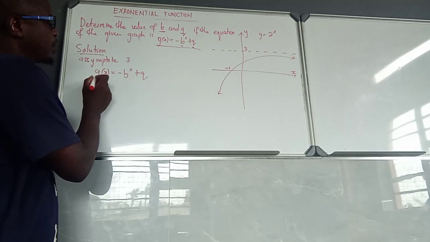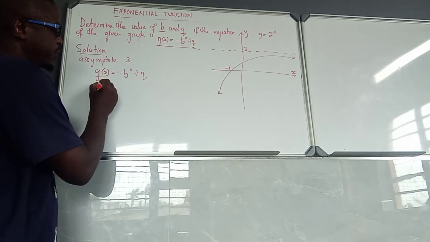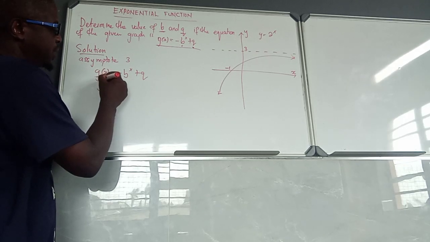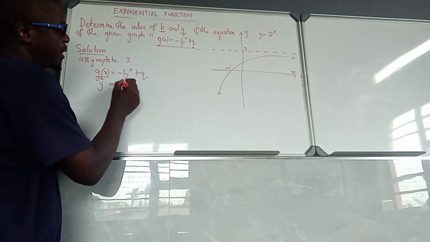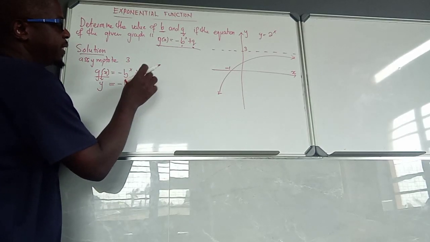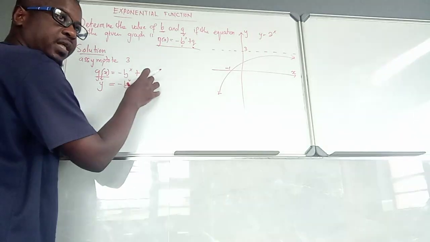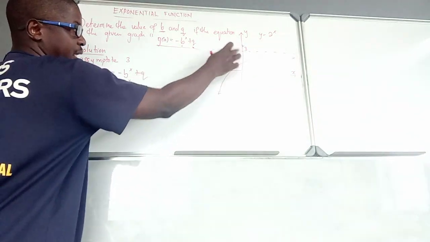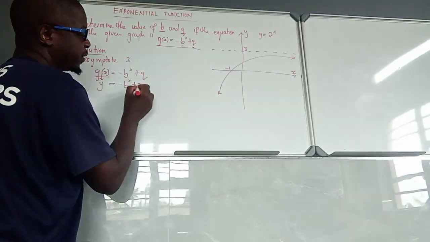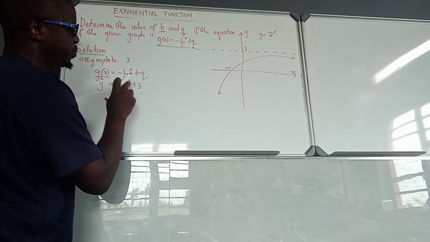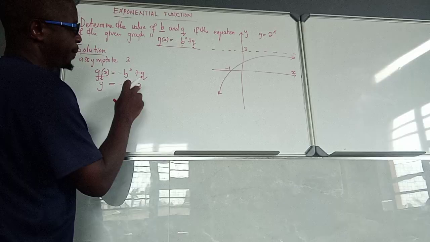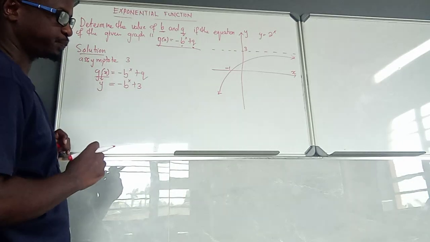Once again, I'm going to express g of x as a y, because it is the same thing. Y is equal to minus b to the power of x. And now let's come to the asymptote, where we said our asymptote is 3. So we now have the expression y is equal to minus b to the power of x plus 3.